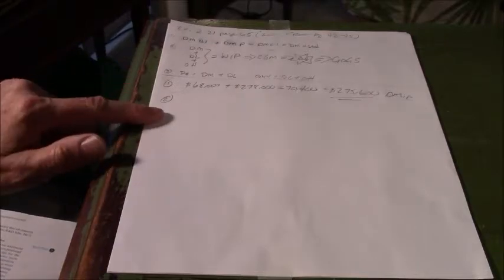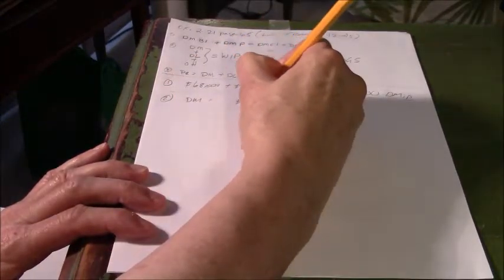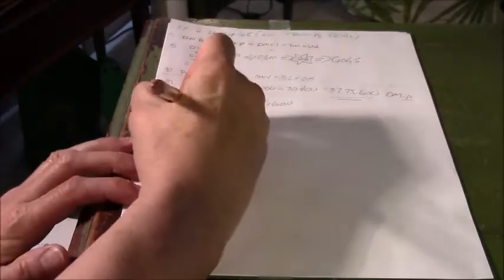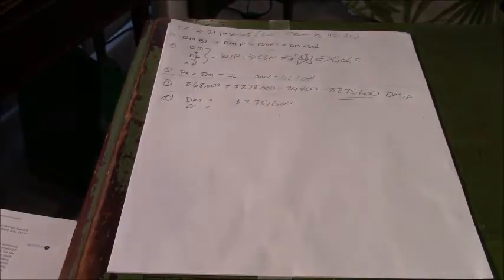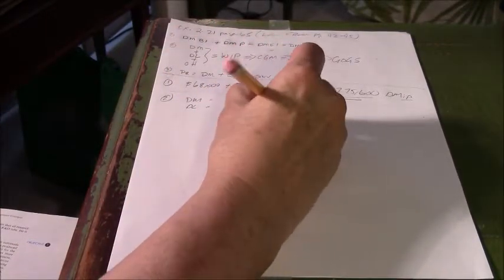All right, so direct materials used for the year we know was 275,600. So direct materials equals 275,600. Direct labor, they just tell us that. Direct labor was 189,000.